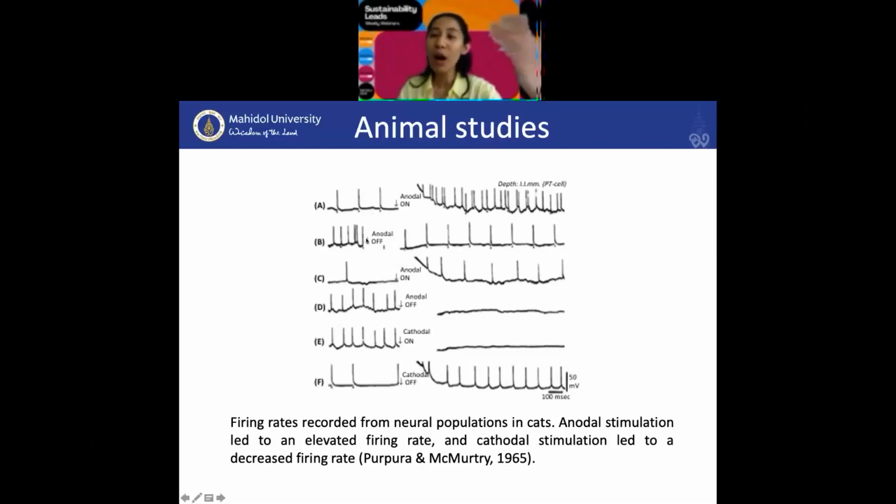And for example in E, the resting state is like this on the left side, and then when you turn the cathode on, what happened? The activity disappears. So from that time, we knew about the polarity-dependent effects of anode and cathode, which induce different effects in animals.